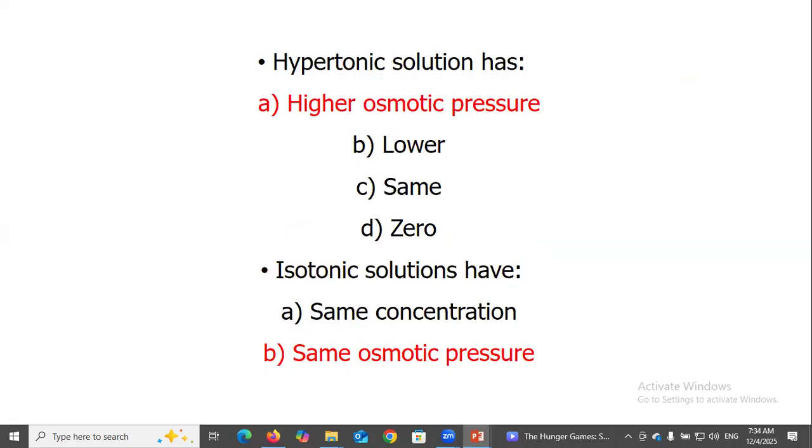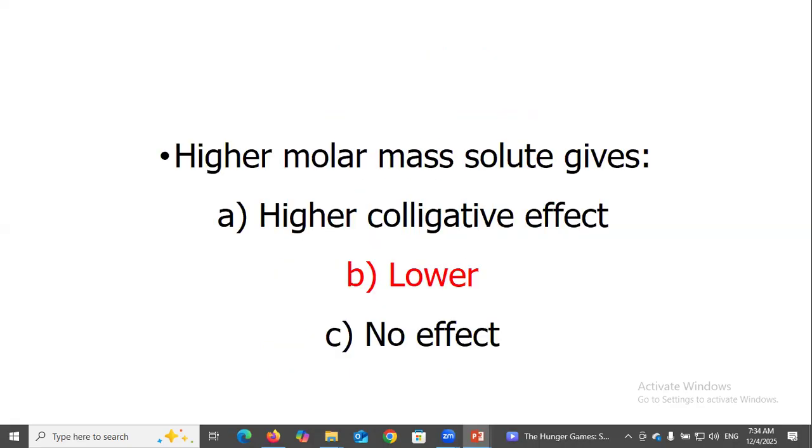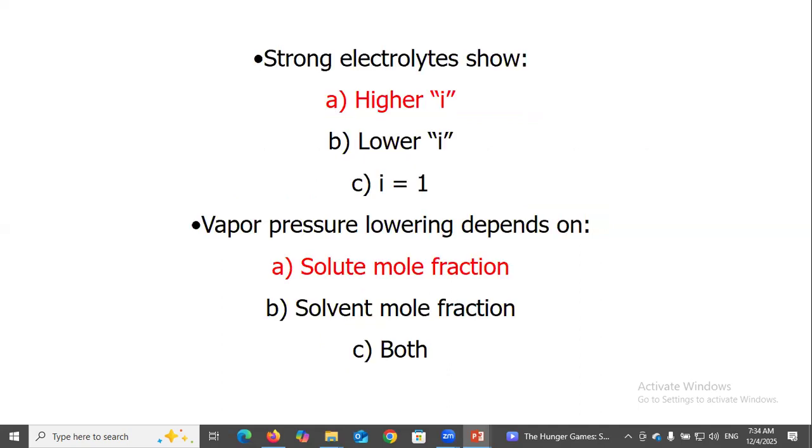Isotonic solutions have the same osmotic pressure. Higher molar mass solute gives lower effect. Strong electrolytes show higher van't Hoff factor. Vapor pressure lowering depends on solute mole fraction.